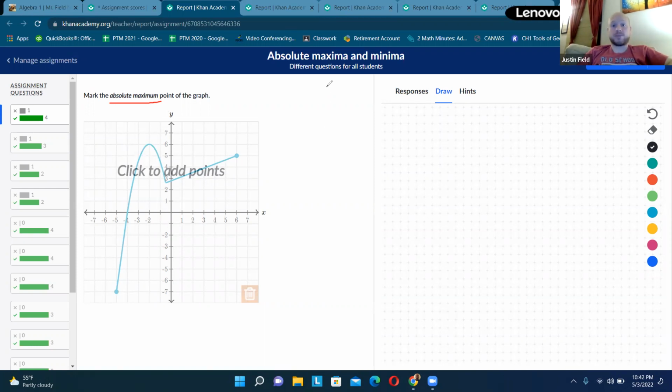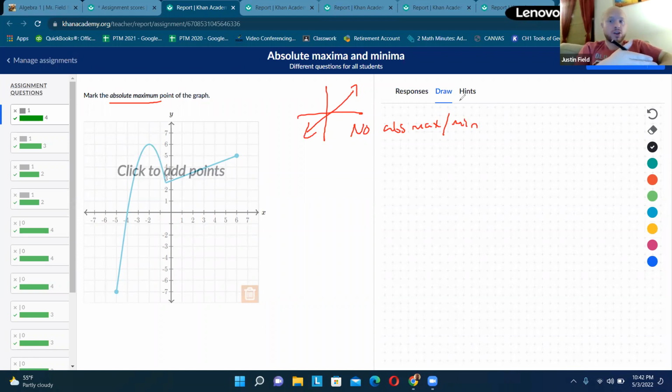For example, a linear function has no absolute max or min because it goes up forever. It goes down forever. There's no absolute lowest point, no absolute highest point.